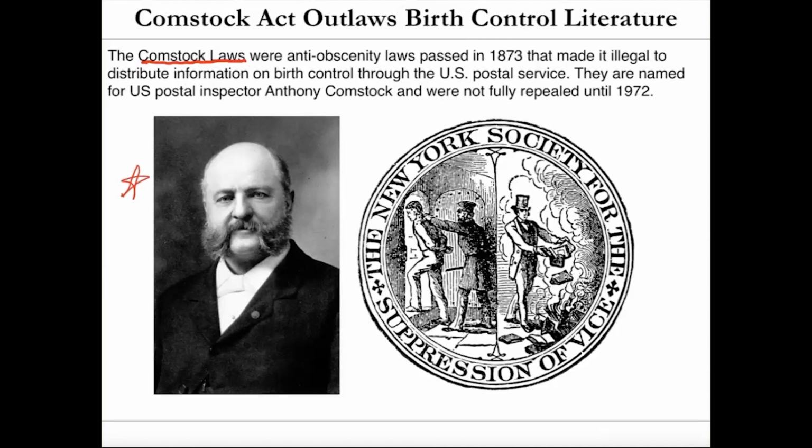But he included information on birth control as obscene information. So this anti-obscenity law was actually passed by Congress in 1873, and it was illegal to distribute information on birth control through the post office.